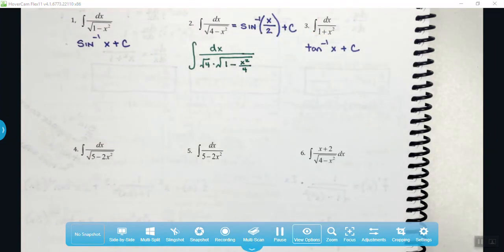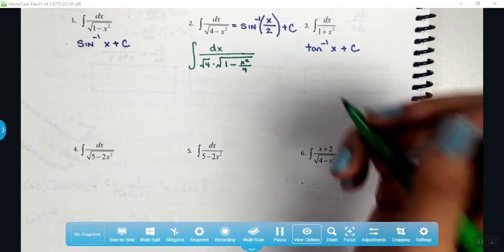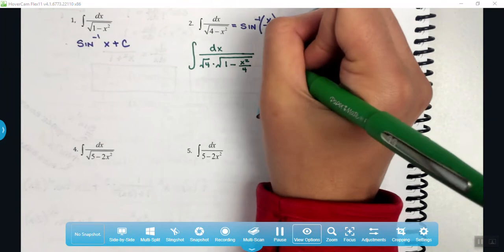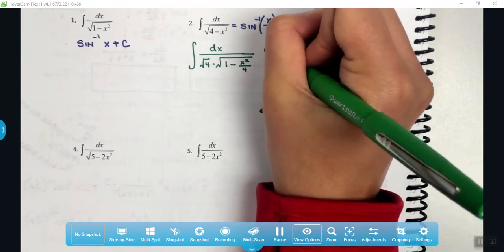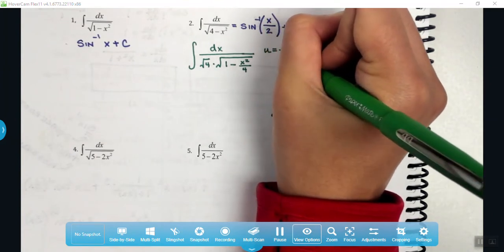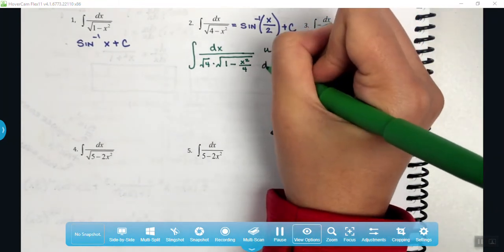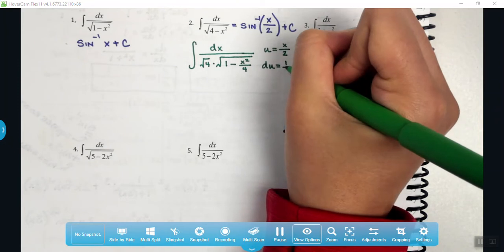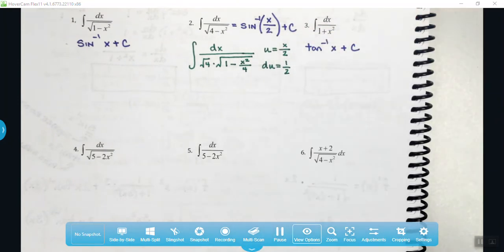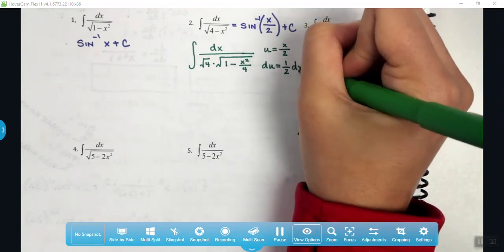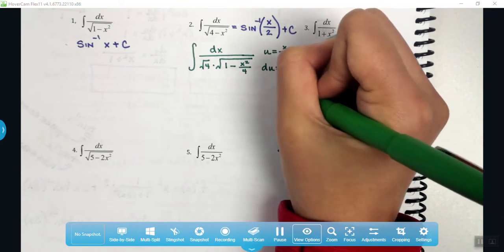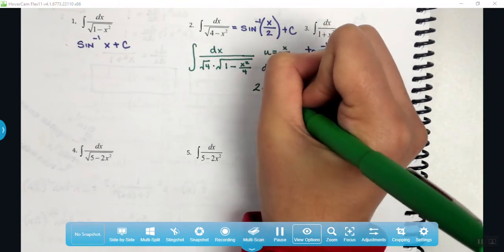Are you with me? Yes? Okay. Then this can be a u sub problem. U equals x over 2, right? du is 1/2 dx. So dx equals 2 du.